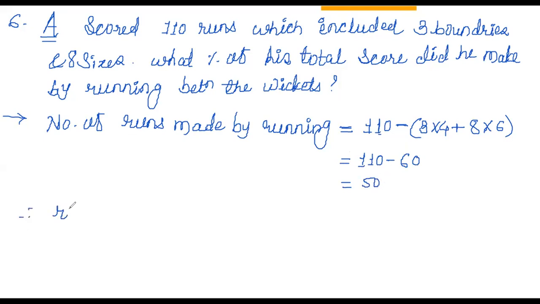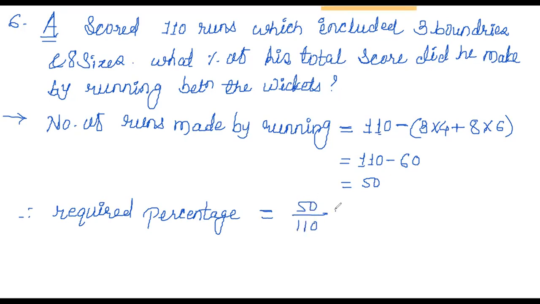Therefore, the required percentage of his total score is 50 out of 110 into 100. So 50 divided by 10 means 5 by 11 into 100, which is equal to 45 and 5 by 11%.